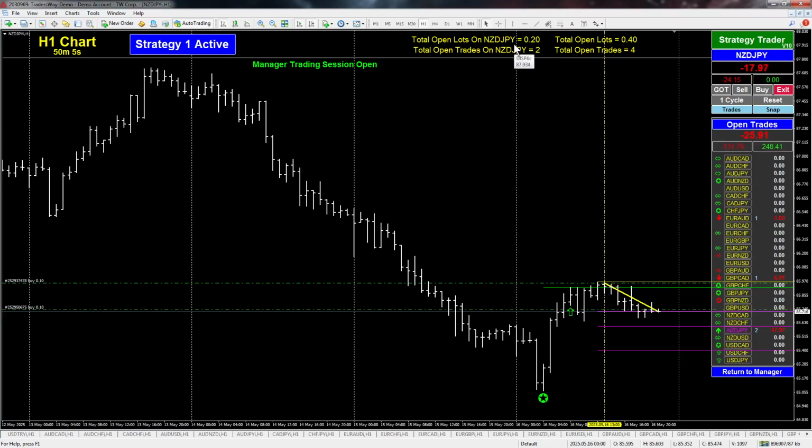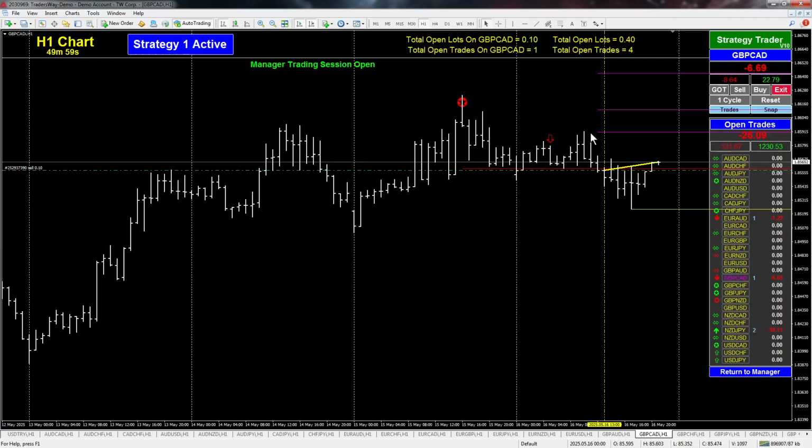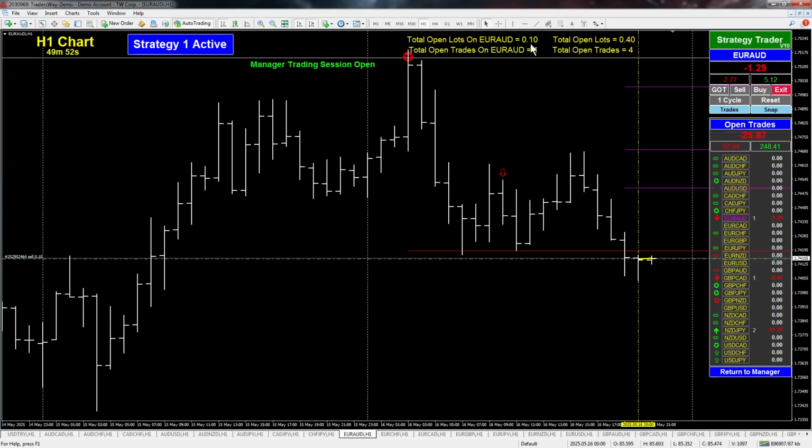So you can always look up here and it tells you how many lots you got open on that particular one. Now this one should say 0.1 lot. There you got one trade, 0.1 lot. Same way with this one here. One trade, 0.1 lot.